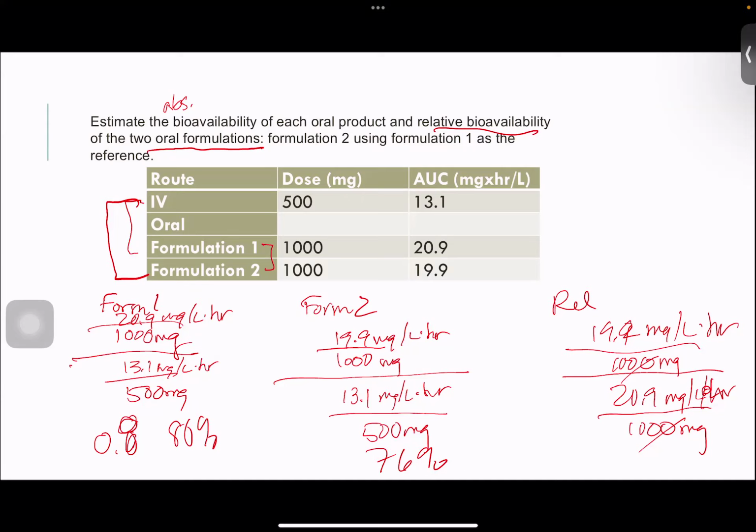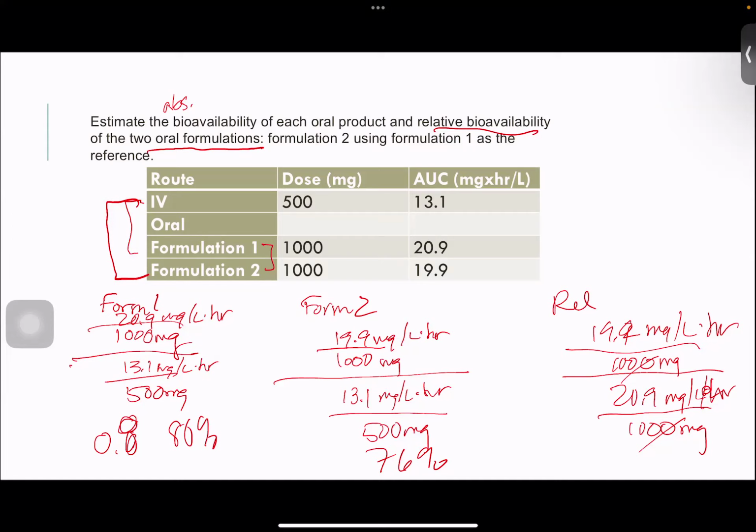Are y'all good? So formulation 2 is a little less bioavailable than formulation 1, but how do they compare to each other? Formulation 2 compared to formulation 1. Why did I put formulation 1 in the denominator? Yes, because that has the higher bioavailability, so we're going to put the one with the higher bioavailability in the denominator.